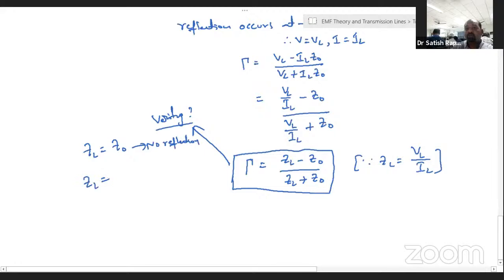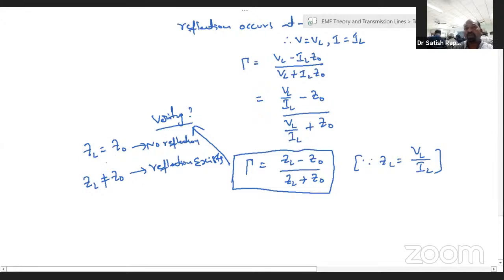When load impedance is not equal to Z naught, then reflection exists. So that is what the definition says.